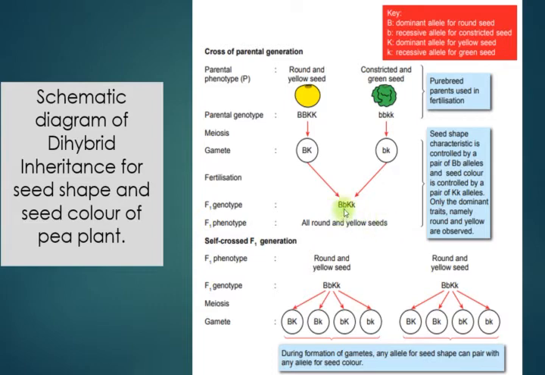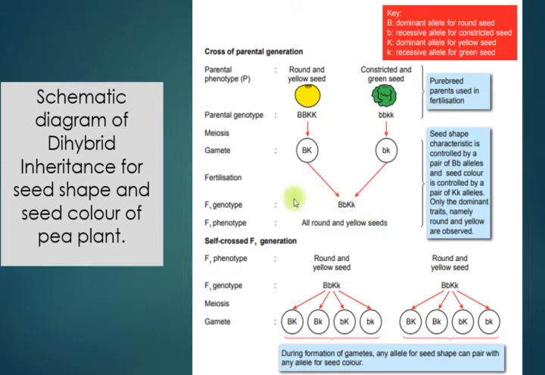Because big B is a dominant allele for the round seed. And why are all of them yellow seed? Because big K is a dominant allele for the color of the seed. So that's why it will show all round and yellow seed.